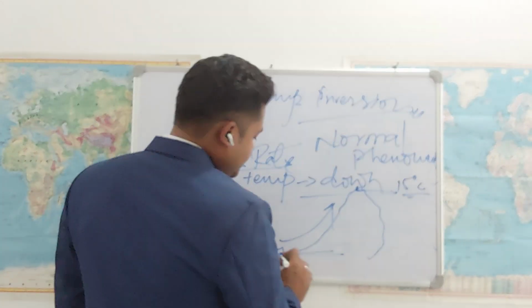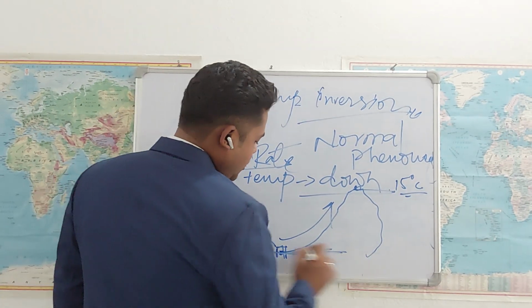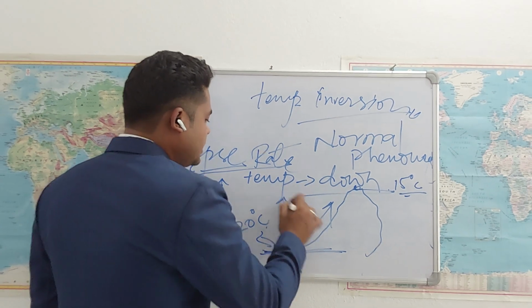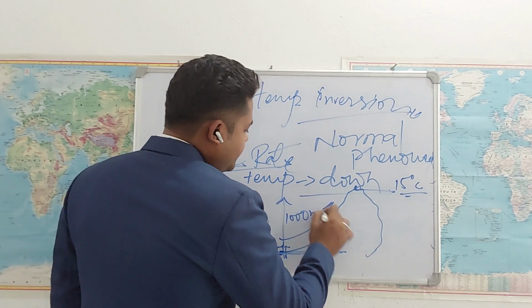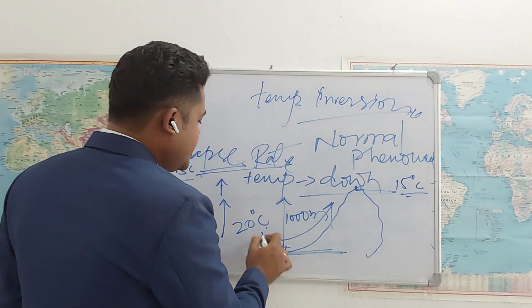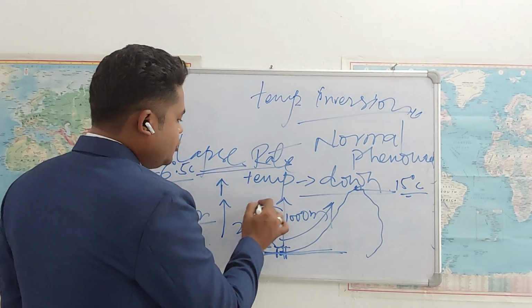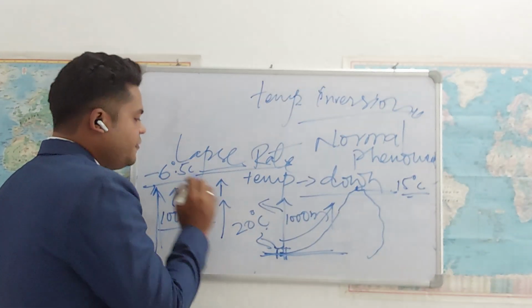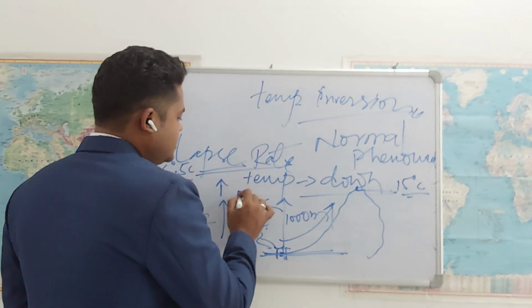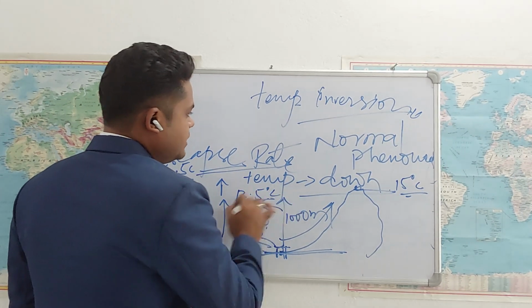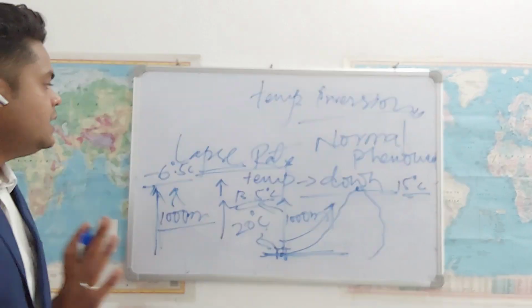Suppose I am residing here, this is my home, and I go 1000 meters above my home. The temperature here will be 20 minus 6.5, that is 13.5 degrees Celsius. Understood? That is lapse rate.